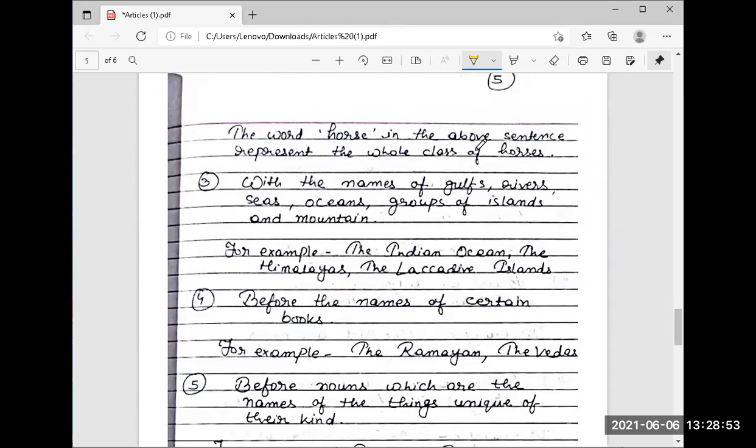With the names of gulfs, rivers, seas, oceans, groups of islands, for example the Andaman and Nicobar, we use the. Yes, the Great Himalayas. That means I have already explained these things. I have given a short introduction on these things, that some things that are unique are where we use the.